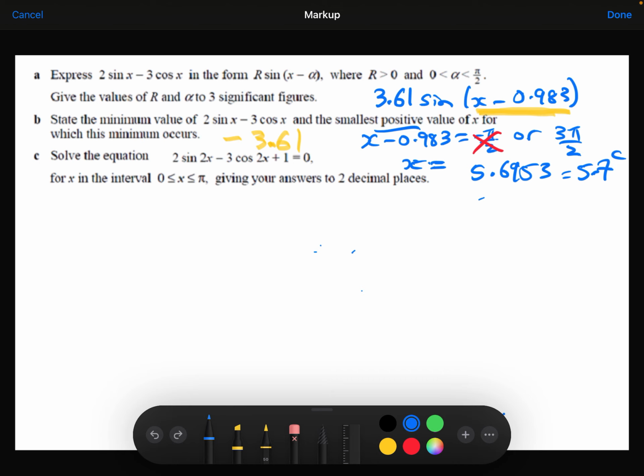Part C. We need to solve this equation. Now I'm comparing that really closely with what I had at the beginning, and I can see that this matches up perfectly. The only difference is we've got 2x instead of x, which means I can take my answer from part A and use it, but replace the x with 2x.